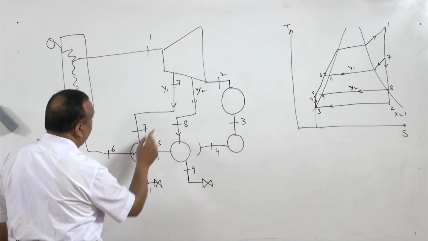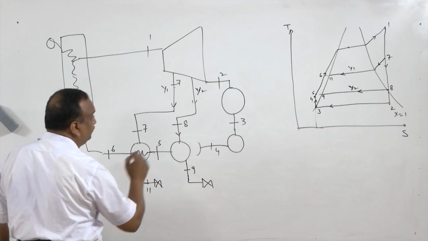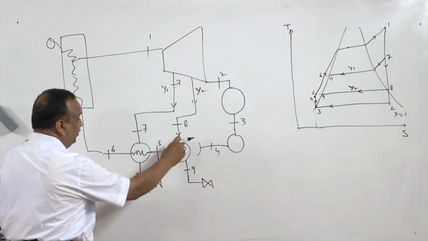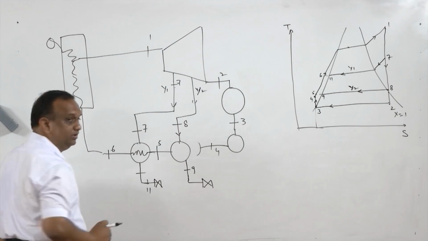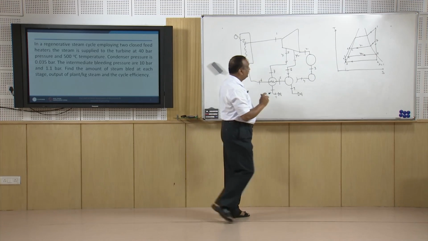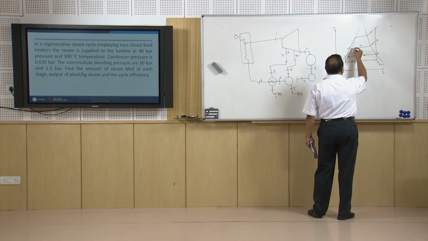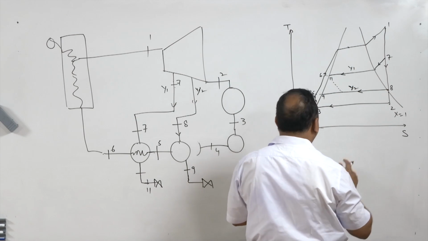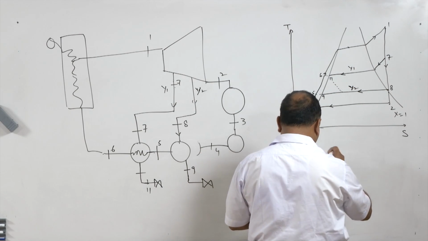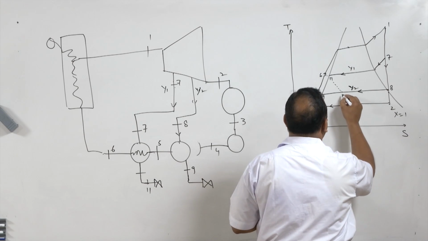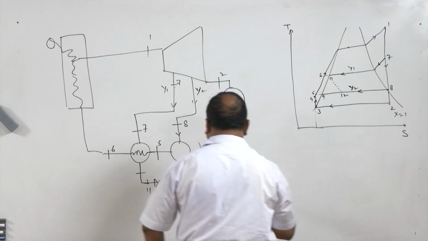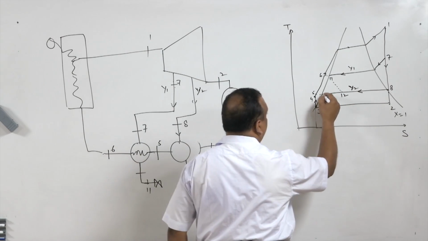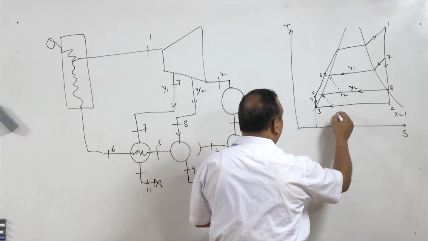This 10 bar pressure is reduced to 1.1 bar, only then we can mix this fluid with this fluid. In this expansion we get state 12 and this also gets expanded and we get state 10.